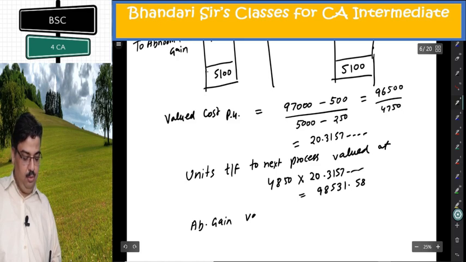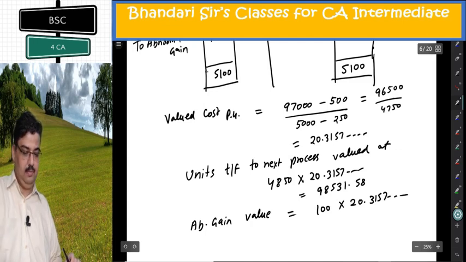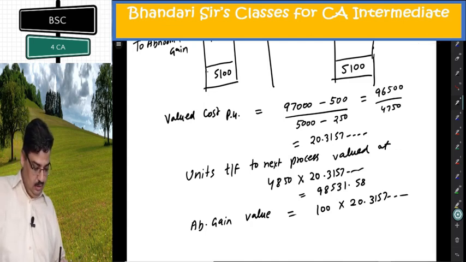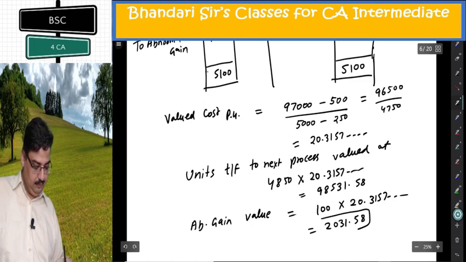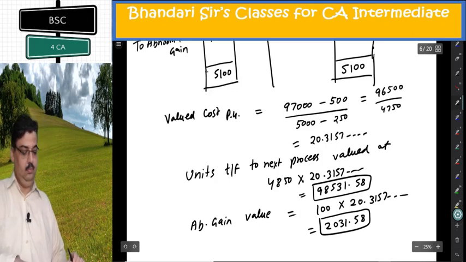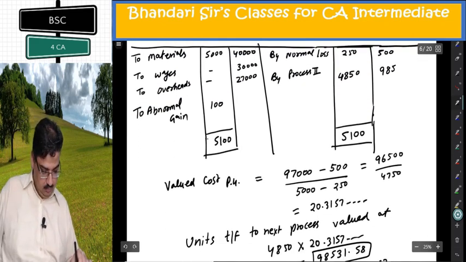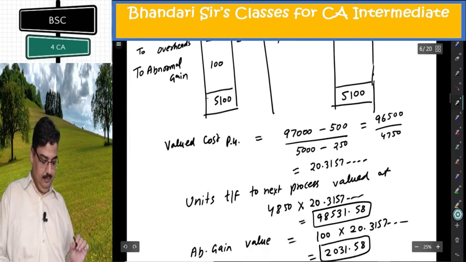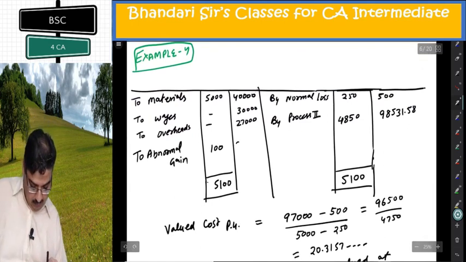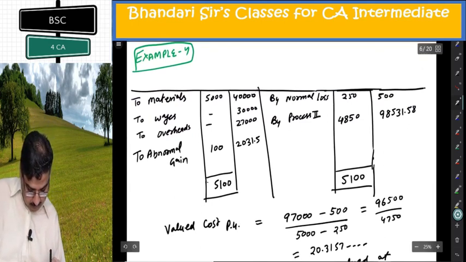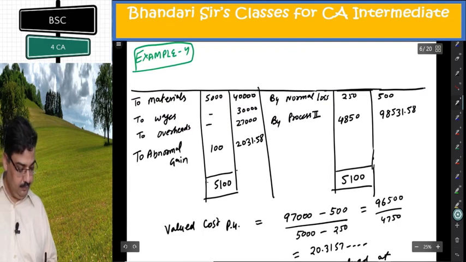Abnormal gain value, 100 into 20.3157. This is 2031.58. 98,531.58 and 2031.58.